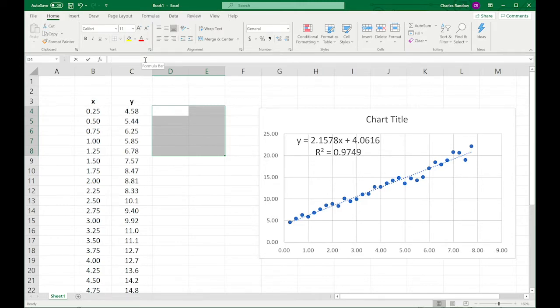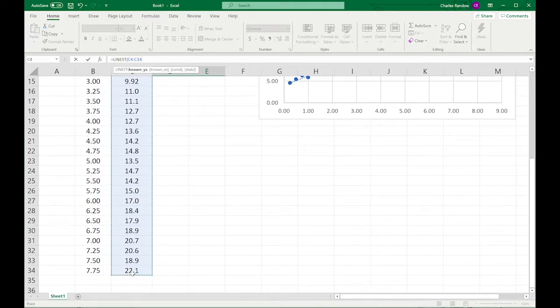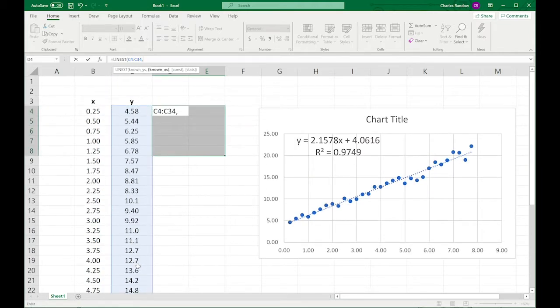The LINEST command you type in is equals, and then LINEST, open parentheses. And when you do this, it does, again, give you some hints. So it wants the known y values followed by the known x values. So for the known y values, you need to select all of the information in the y column. Then you want to put a comma.